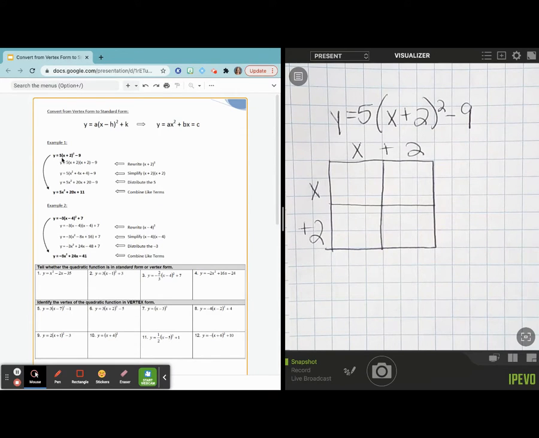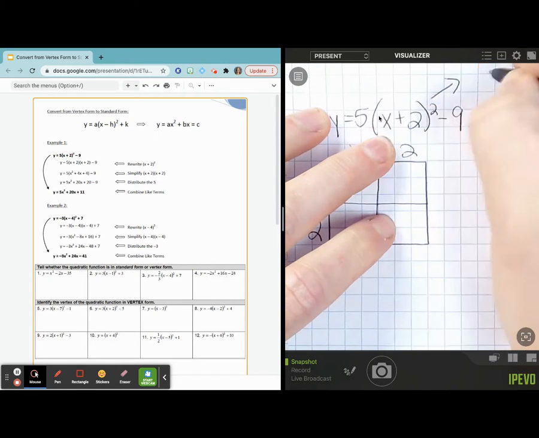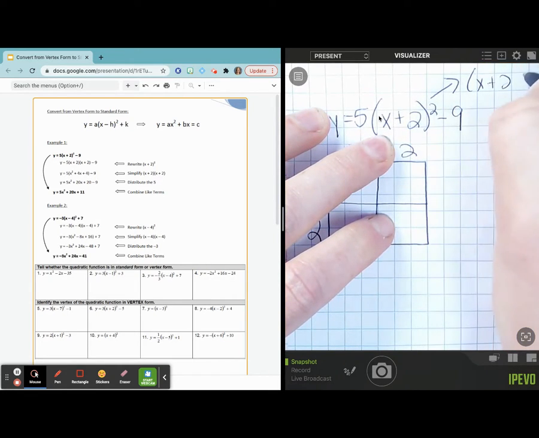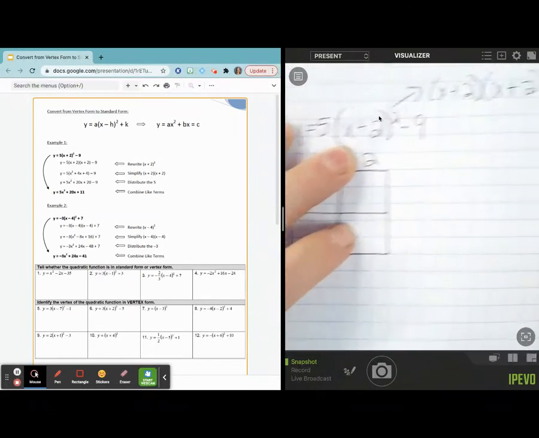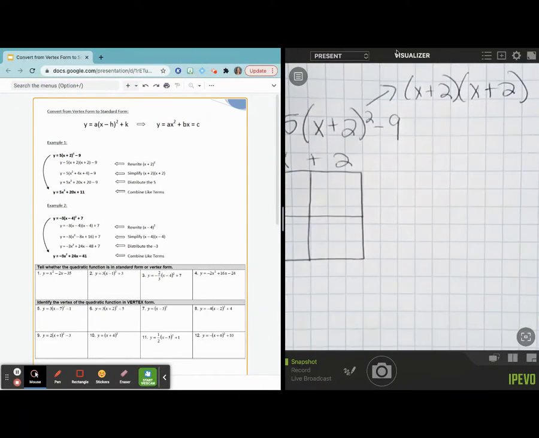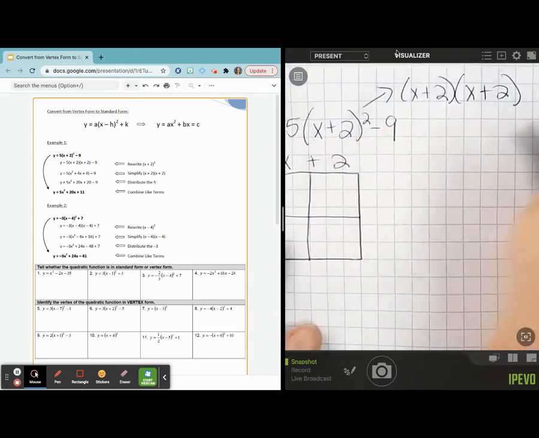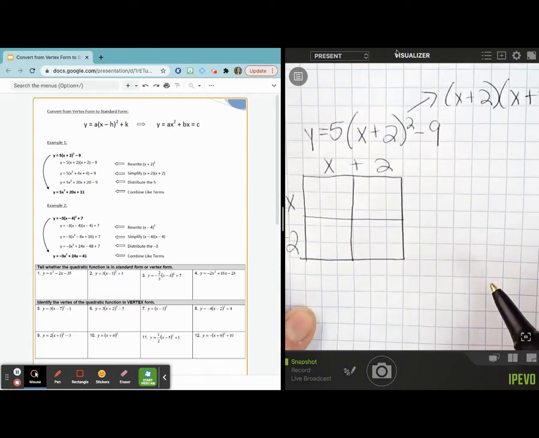So we have y equals 5(x plus 2) squared minus 9. Remember that the x plus 2 squared really means x plus 2 times x plus 2. So that is why we have to do the box method.